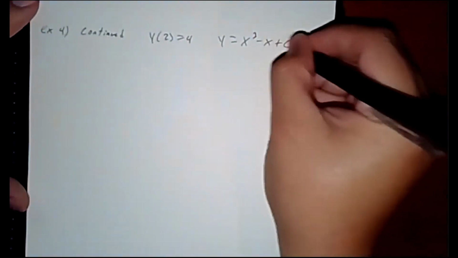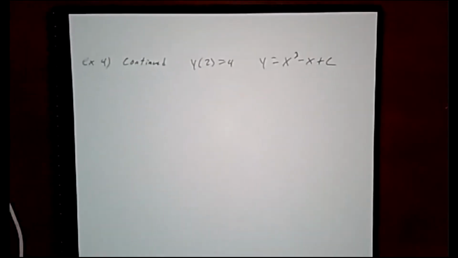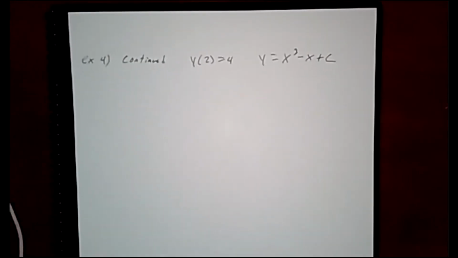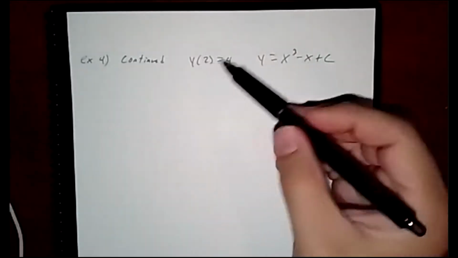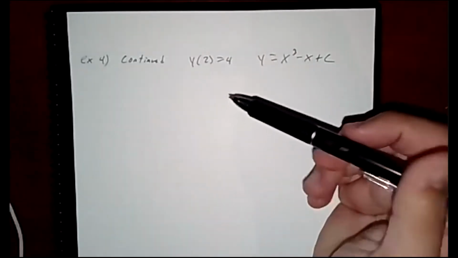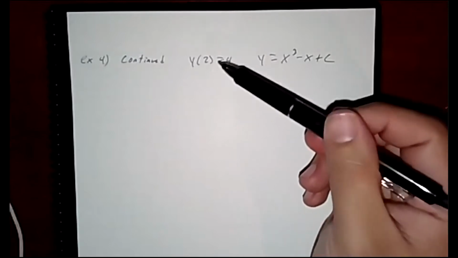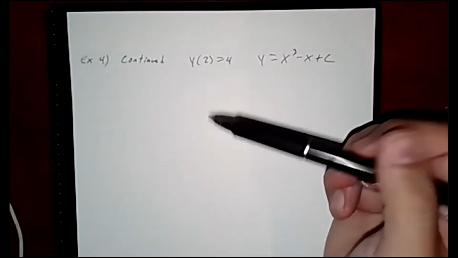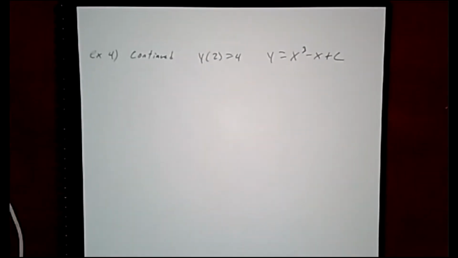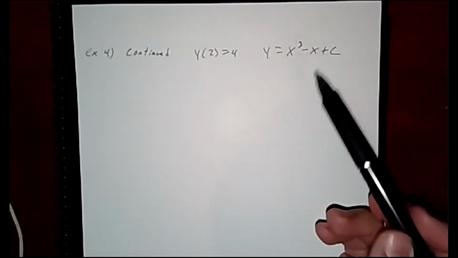We had y of 2 equals 4. And we had the y function equal to x cubed minus x. Okay, so we solved all this ourselves. So now solve for c given this initial condition. As I said, this could be in real life a temperature, a starting point, initial force. I don't know. It depends, right? In engineering, the more complicated the problem, the uglier these equations get.